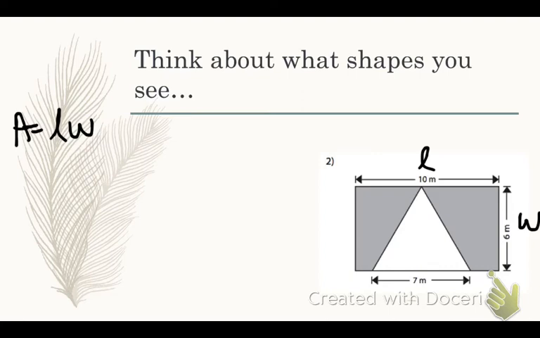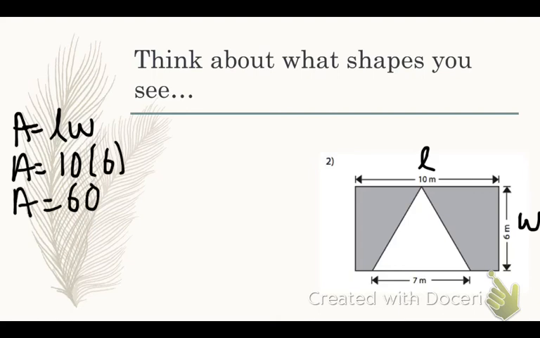The length is shown up here where I have labeled it. I think they did that to be tricky. So A equals 10 times 6, so A equals 60 m squared. That rectangle is going to be 60 m squared.